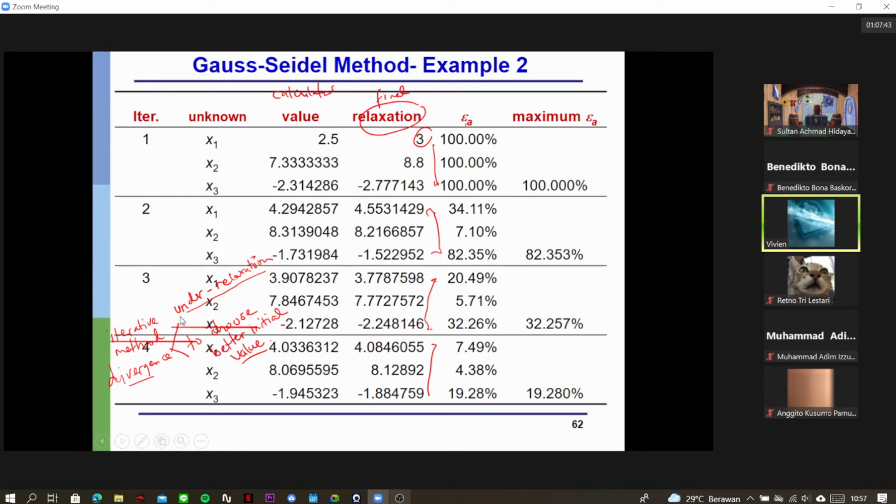So there are two ways of dealing with divergence or slow convergence: apply under relaxation, or choose a better initial value. That will be the answer for the first question.